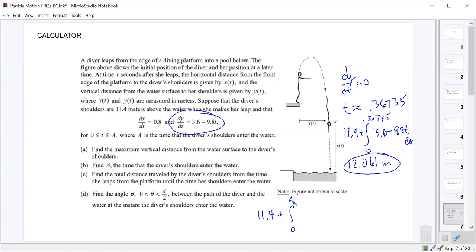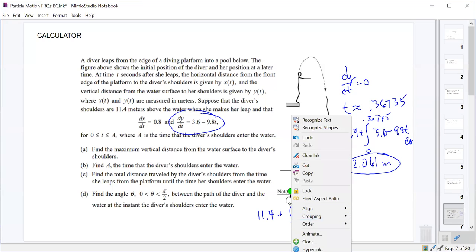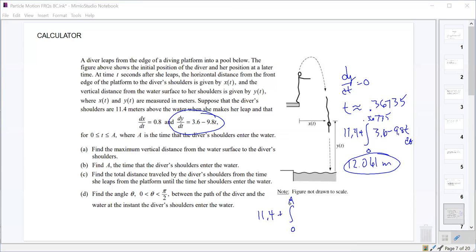We're going to talk about a t value of a. So 0 to a of 3.6 minus 9.8t dt, our same dy dt. And we want to know for this, when is this thing equal to 0?